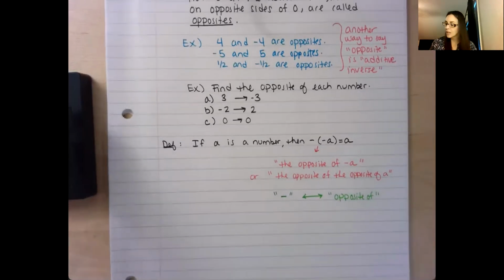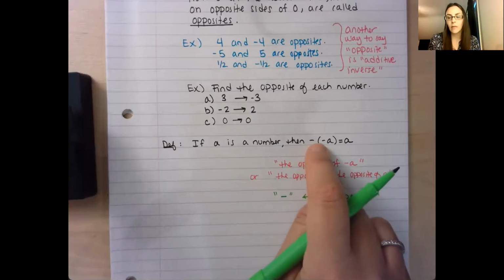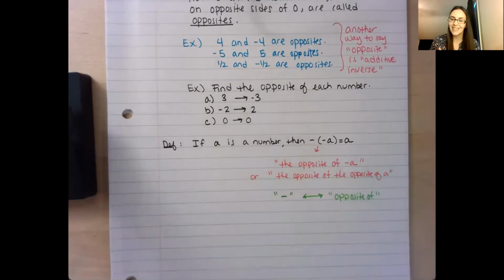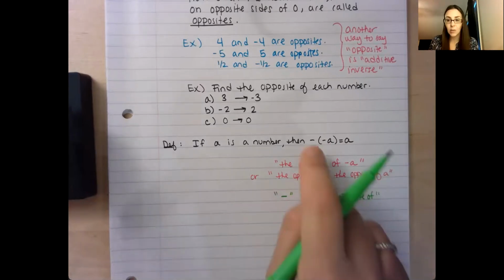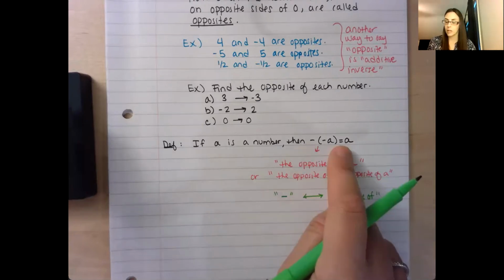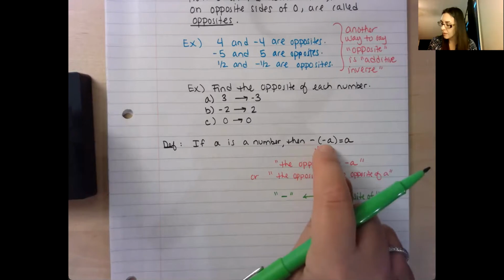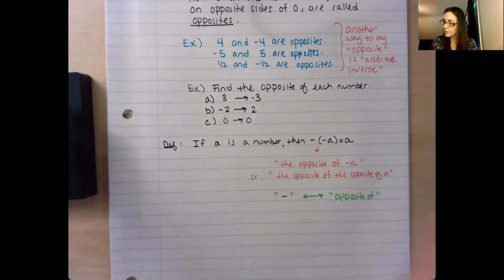So they cancel each other out. If you take the opposite of the opposite, you're right back to where you started. It's kind of cyclical like that. When you have a negative and a negative right next to each other, what we get back out is the positive version. We're saying the opposite of negative A would be positive A. Just something that's good to know there as well.